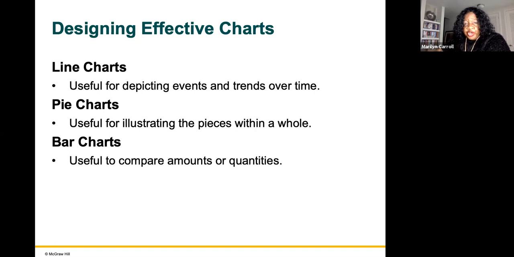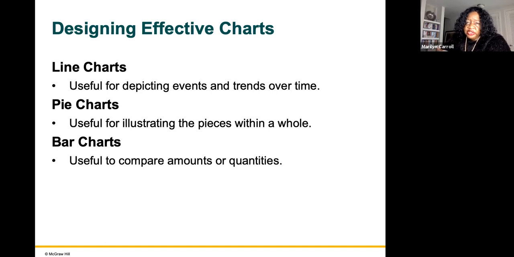And then we have pie charts, which are useful for illustrating the pieces within a whole, versus a bar chart, which is useful to compare amounts or quantities. So these are very interesting, and a lot of times people don't understand the difference between line charts, pie charts, and bar charts, and what they're great for.